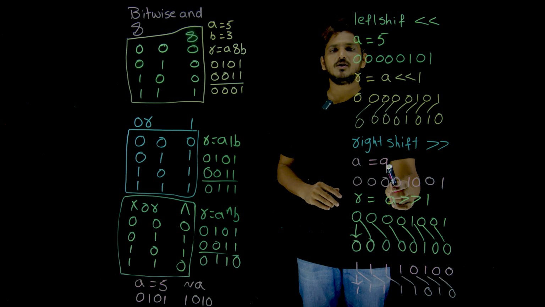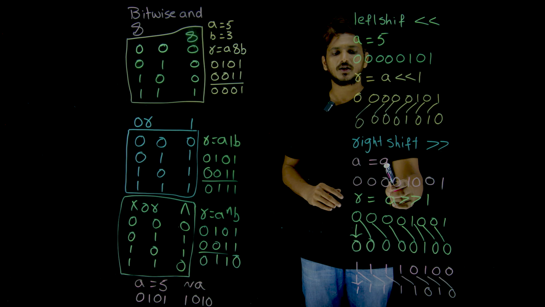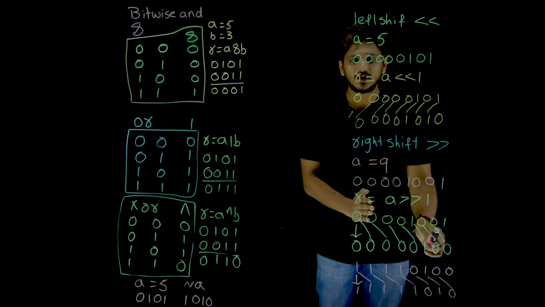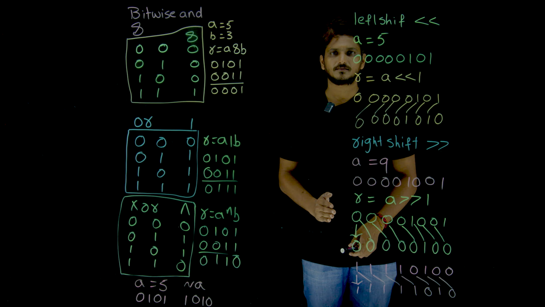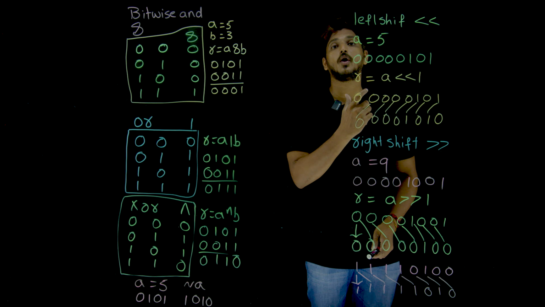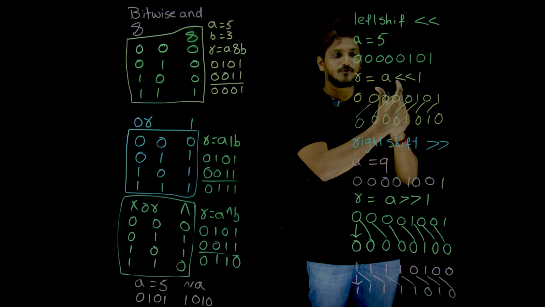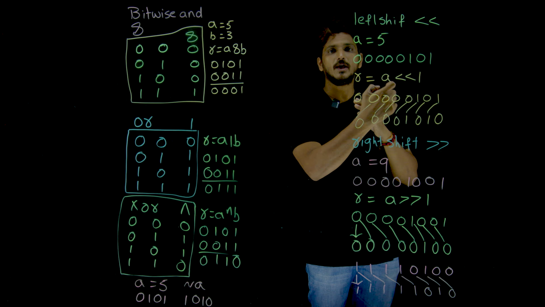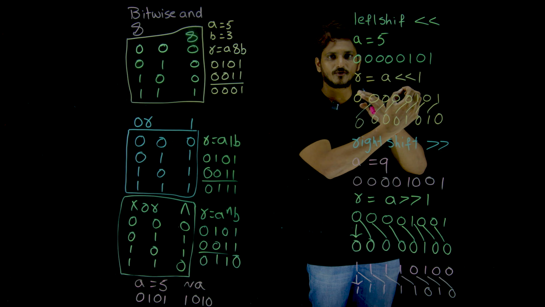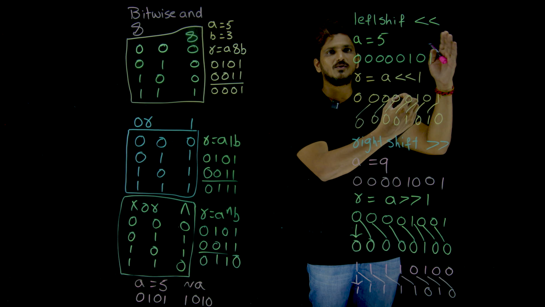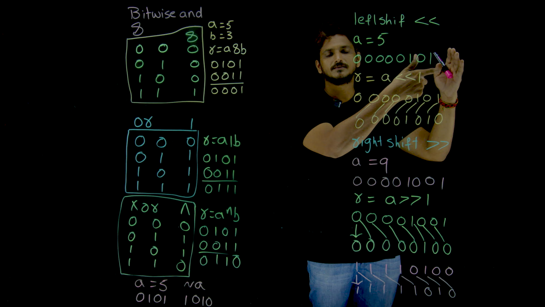See here, what's the value you got in A? A is equal to 9. So whenever you do 9 right shift, 9 divided by 2 is 4.5. 4.5, what is the floor value? 4. 5.6, what is the floor value? 5. 5.8, what is the ceil value? 6.